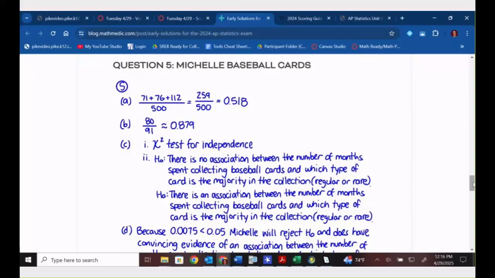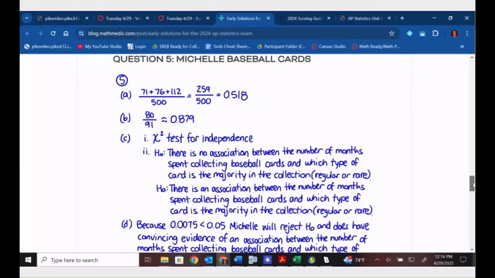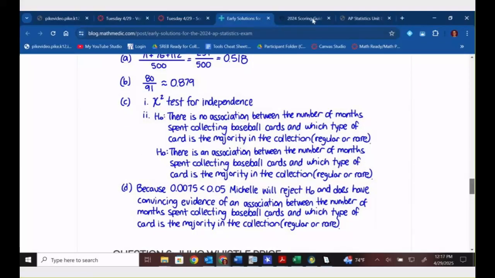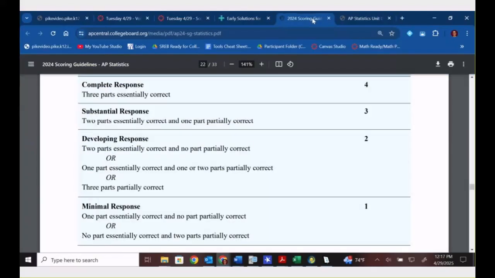The HA is there is an association between the number of months spent collecting baseball cards and which type of card is the majority in the collection, regular or rare. And then part D, because 0.0075 is less than 0.05, Michelle will reject the null and does have convincing evidence of an association between the number of months spent collecting baseball cards and which type of card is the majority in the collection, regular or rare.